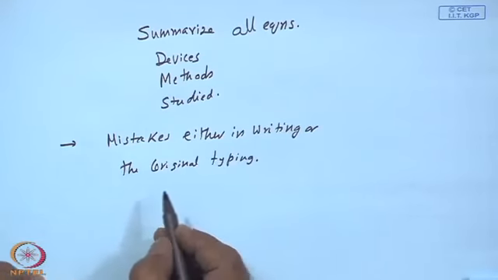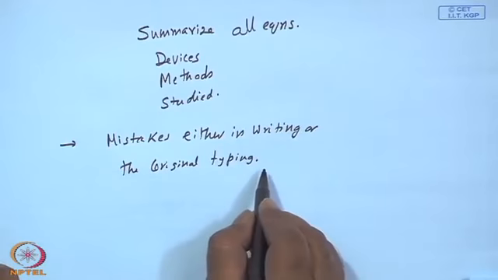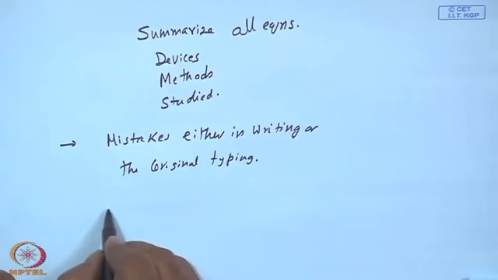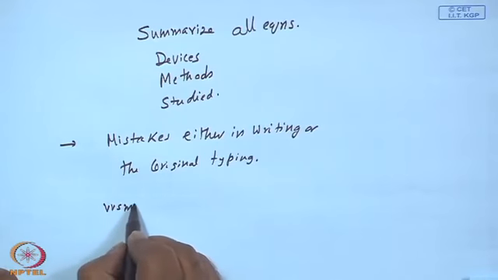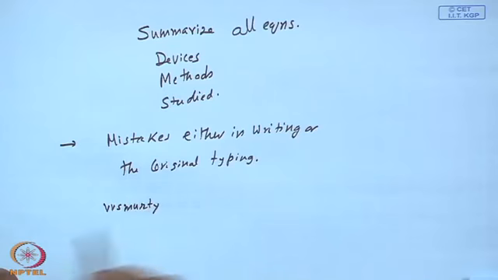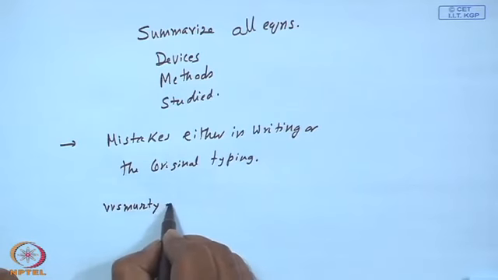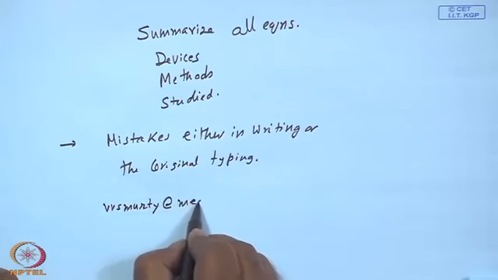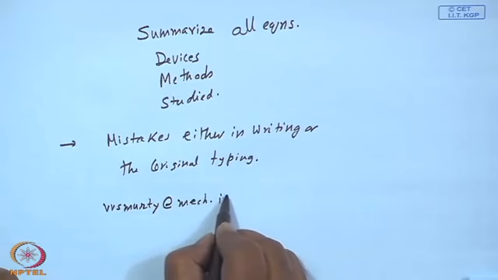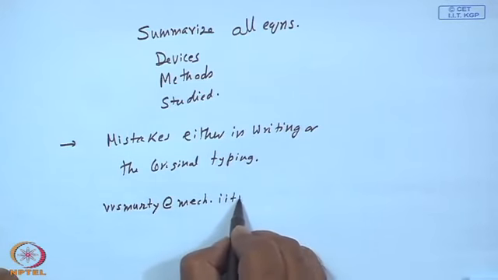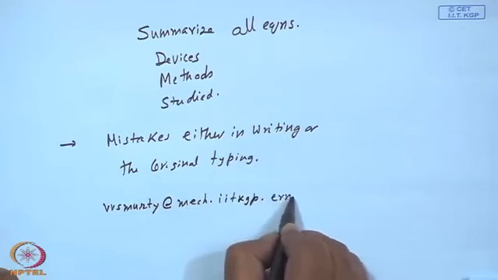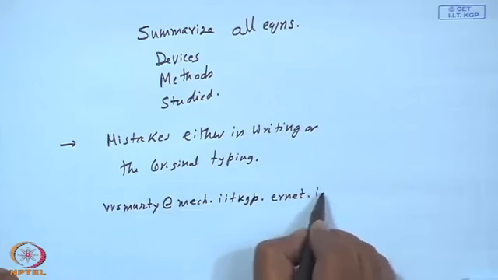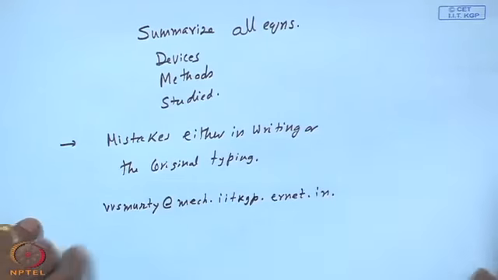So, what I would suggest is in case you find a mistake, contact me at your earliest at my email address vvs.murthy@iitkgp.ernet.in. I shall rewrite it in bigger letters.